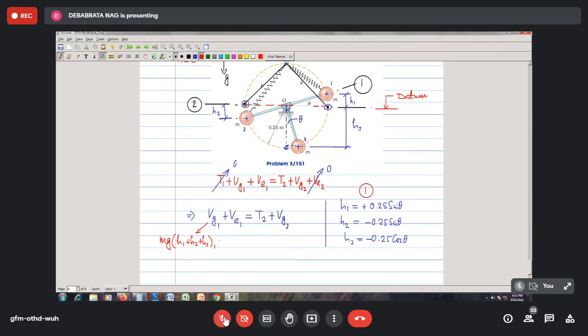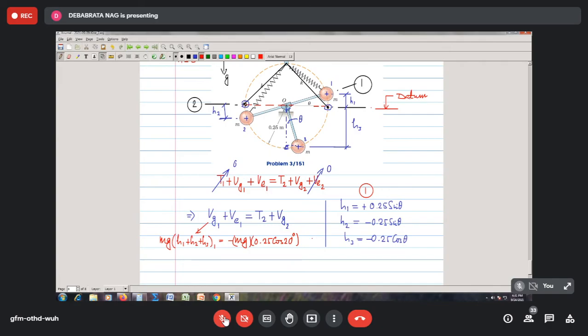So I can say that it should be equal to minus mg into H3, and H3 is minus in fact, so that is why it is minus, into 0.25 into cos 20 degree, because theta is given to be 20 degree.